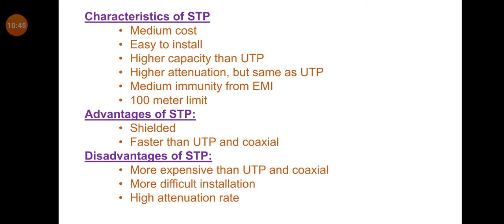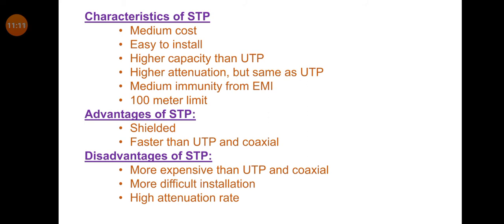Then the disadvantages of STP. The first disadvantage is that it is more expensive than UTP and coaxial cable. Its cost is more than UTP and coaxial cable. Then another disadvantage is more difficult installation. Why is it a disadvantage?